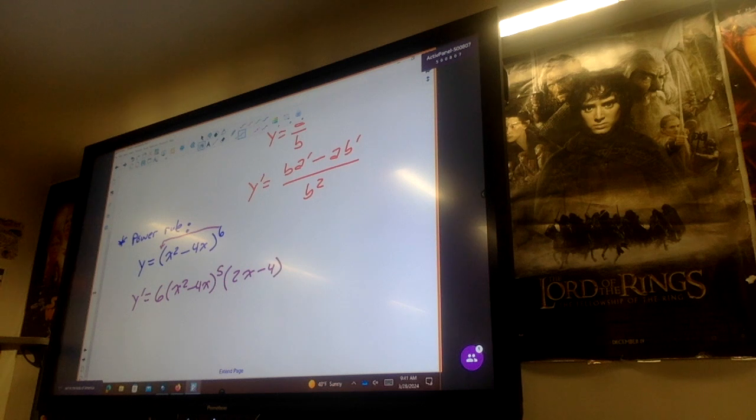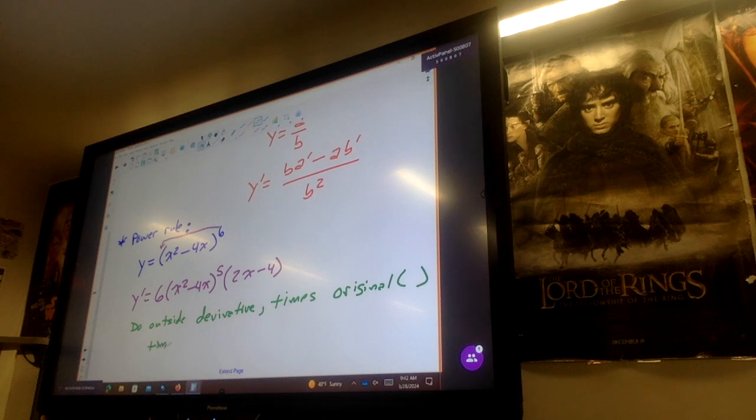Alright, so let's make this into simpler language. So, to do power rule, do outside derivative first. Times the original parentheses.